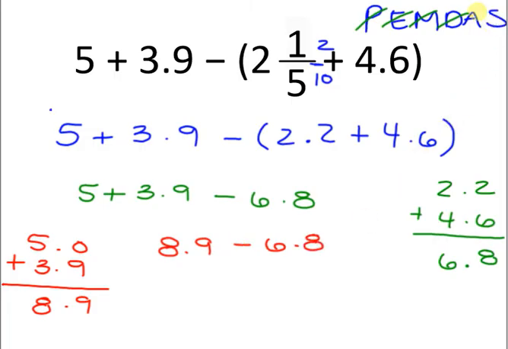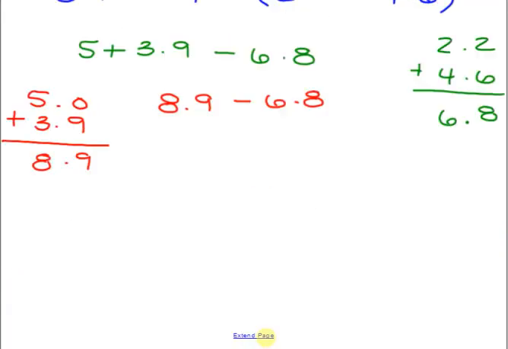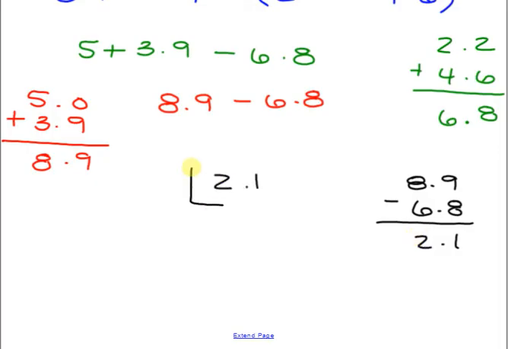Okay, now all I have left is subtraction. So I'll go ahead and take care of my subtraction. 8.9 minus 6.8. 9 minus 8 is 1. 8 minus 6 is 2. So my final answer is 2.1.